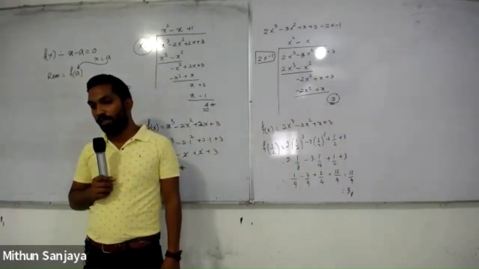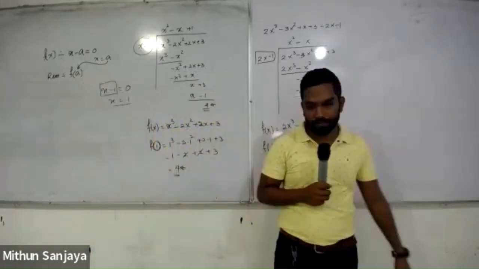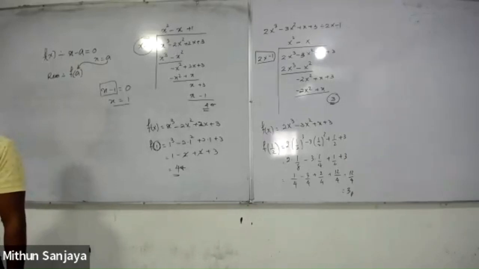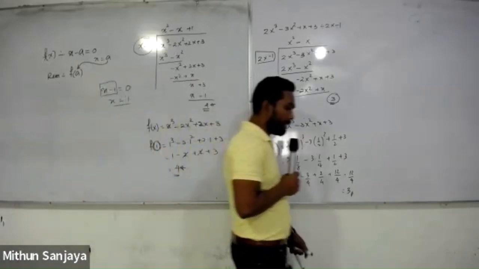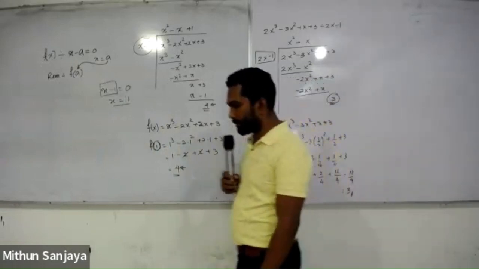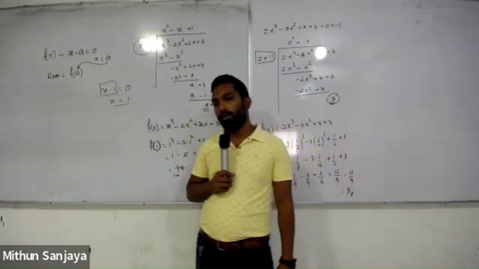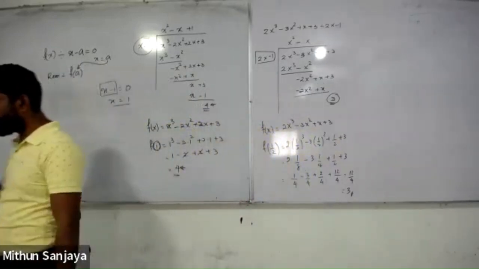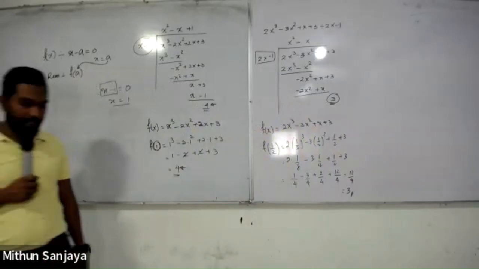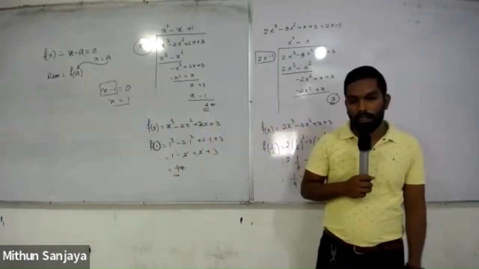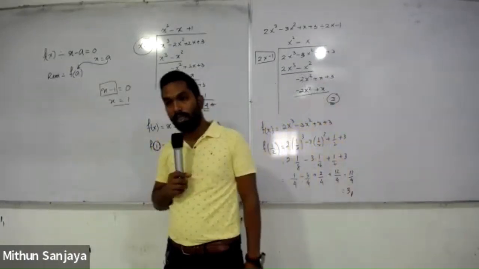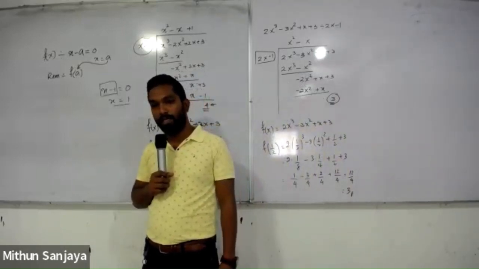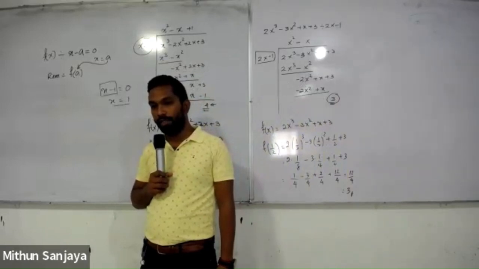Any polynomial f(x) divided by x minus a, here a is a real constant, then the remainder is f(a).